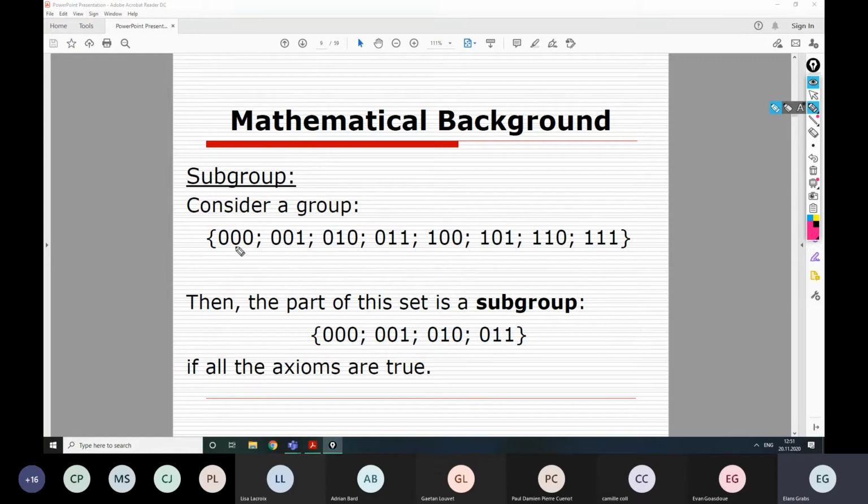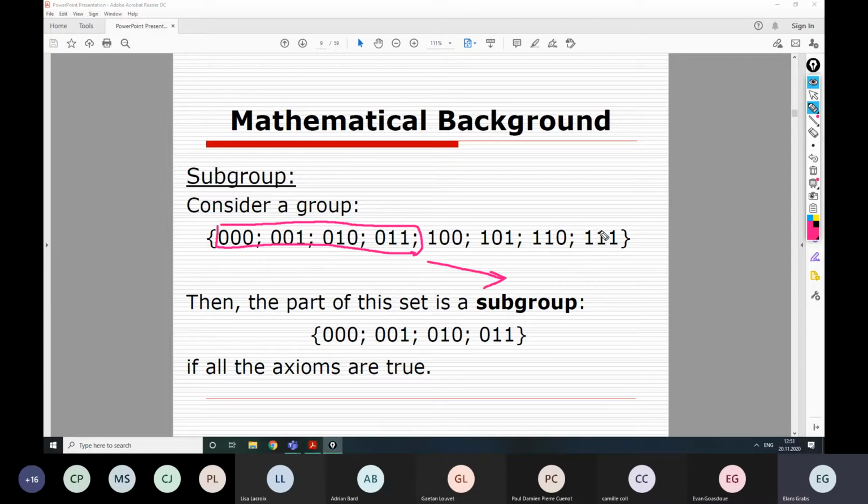Also, we can create a subgroup of our group. For example, consider that we select these 4 numbers as a subgroup. And for these 4 numbers, if all the same axioms are also true, then it is a subgroup.